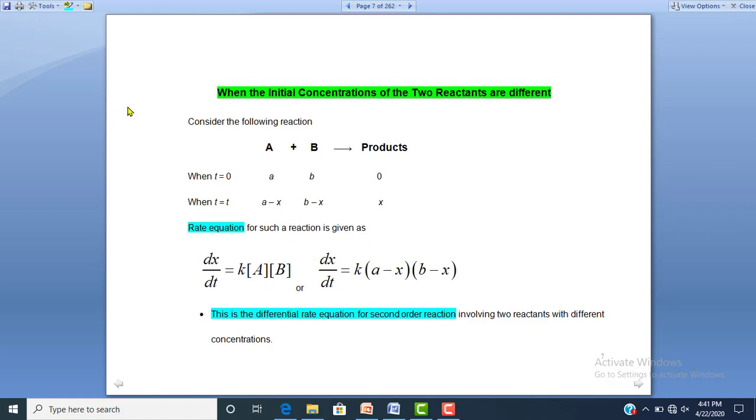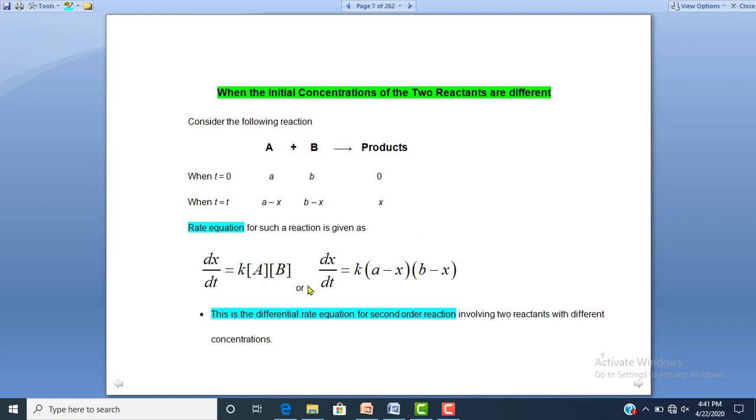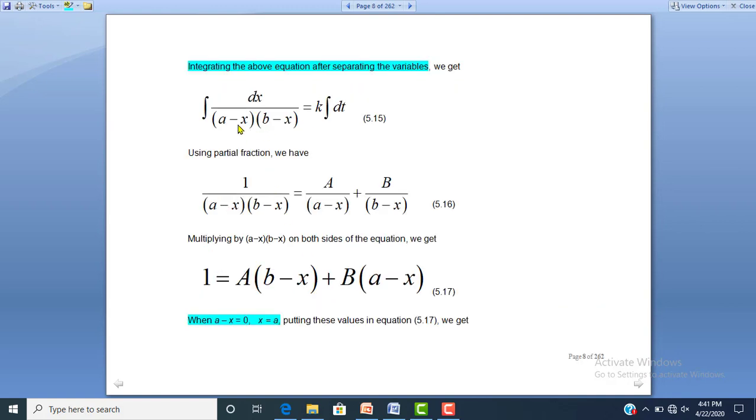So, by applying the previous procedure, what will we do here? We will separate the variables and then integrate. When we separate the variables, the dx in the numerator stays, and the (a minus x) into (b minus x), which were on the right hand side, will be in the denominator on the left hand side.